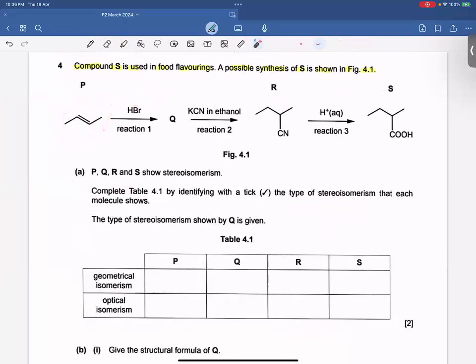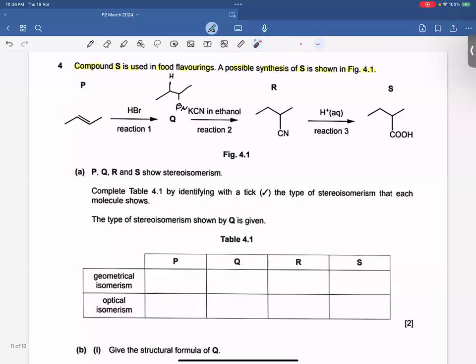Since it is a symmetrical alkene, Markovnikov's rule is not going to work here. Okay, so basically the structure is going to be like this. We need to add one H here, one bromine here. So this is going to be the structure of Q, right?